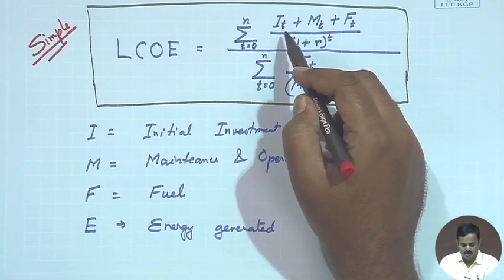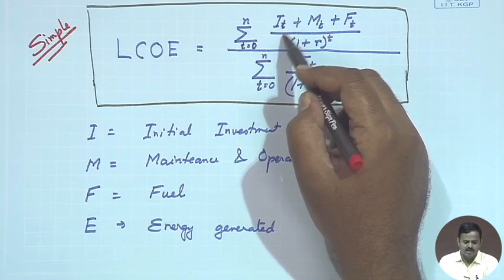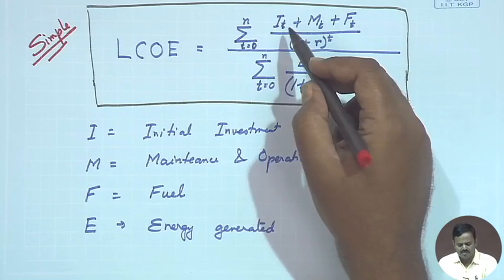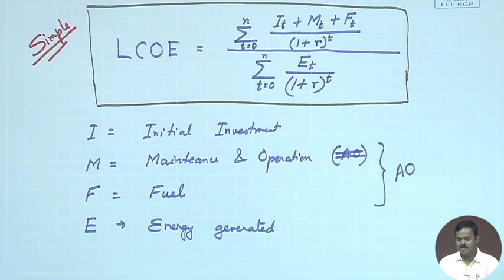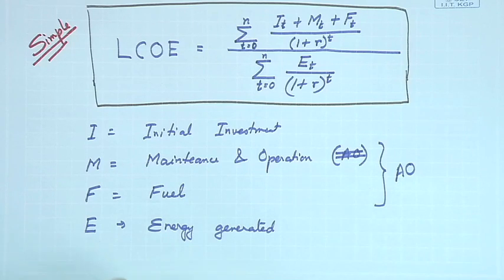Remember, I have put it as I_t, which is investment that we are making every year, but most likely it is not going to be that valid unless you keep on adding features to your plant over its life, or at least for the first few years of its life. But typically I will have a significant value at t equal to 0 and probably nothing significant after that. Only exception is if you want to keep adding features or scaling up your plant over the years, then of course I will have some value in year 1, 2, 3, 4, 5 and so on. Clear? So, this is one way.